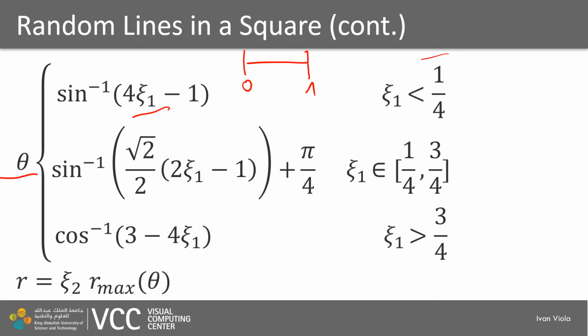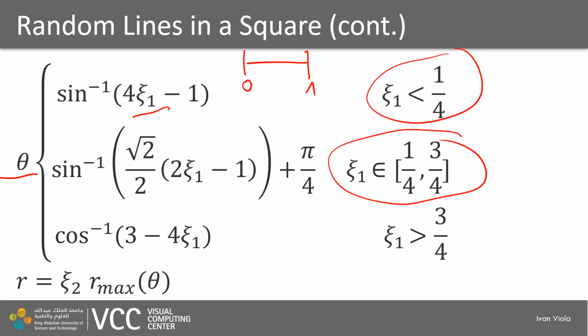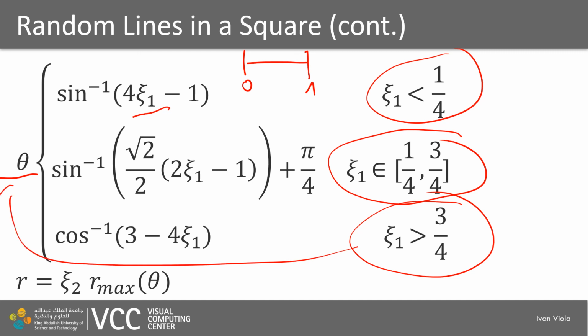There are 3 regions in which we define the Xi, and always a different formula which defines then our theta. Once we have defined our theta, we can simply use another Xi canonical random variable in order to define one value between 0 and Rmax for that corresponding theta.